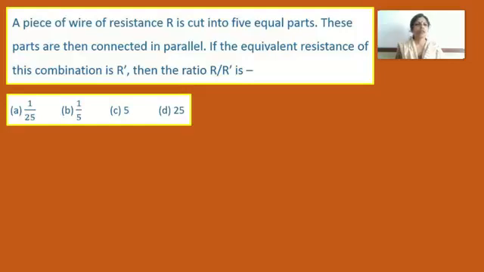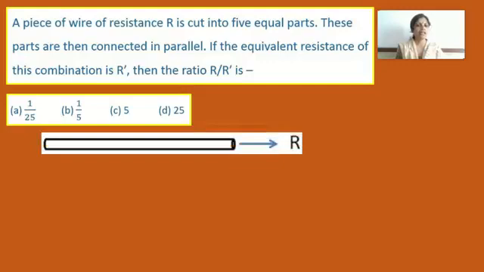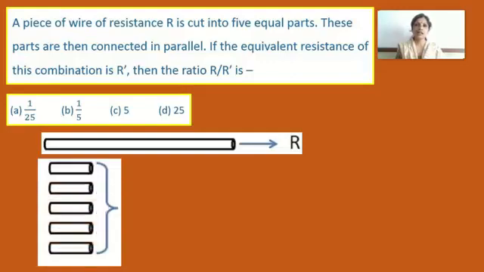Now read the question carefully. There is a wire and the resistance of the wire is given to us as R. Now this wire is divided into 5 equal parts. So the wire is cut and 5 equal parts are made like this. Now if the resistance of the wire is R and the wire is divided into 5 equal parts, then each part is equal to 1/5 of the total resistance.